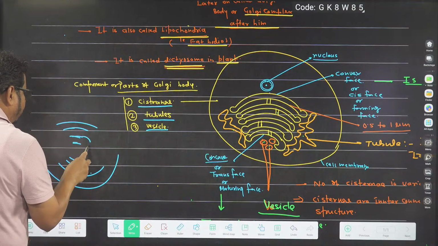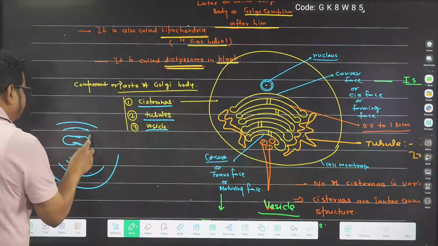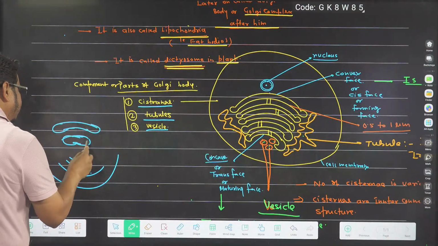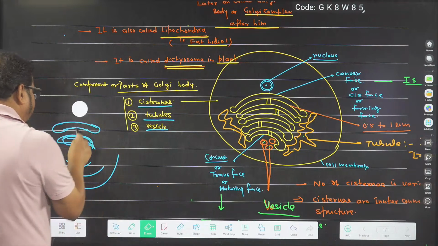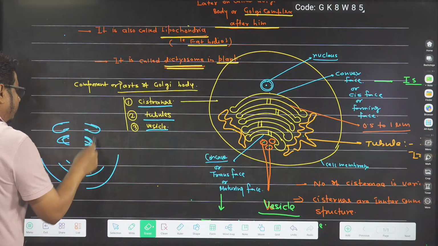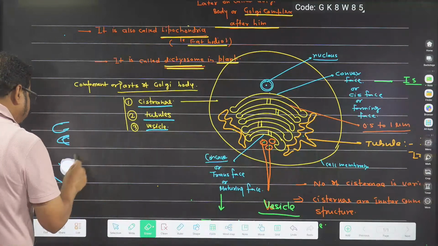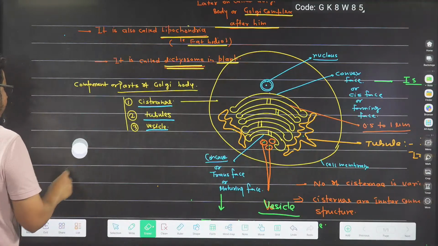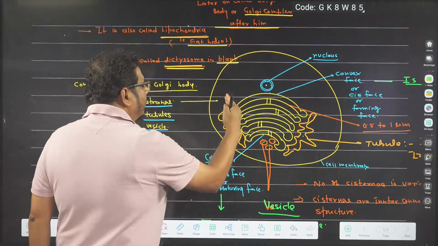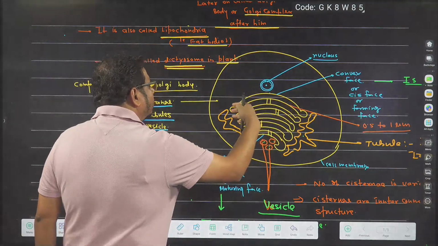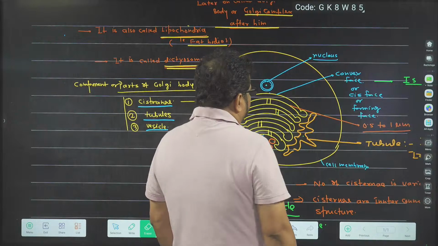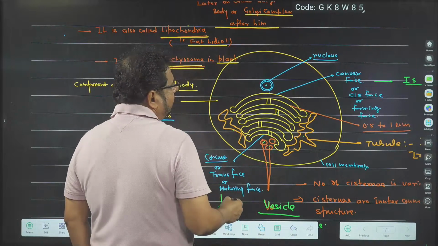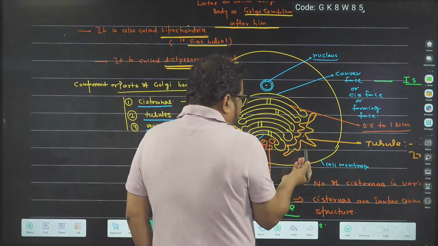So it is looking like a concentrically arranged structure. Are you getting the idea? That is the reason I am writing the word concentric. Concentric means looking like a ring within a ring. It is looking like part of a ring. So it is a concentrically arranged flattened structure.